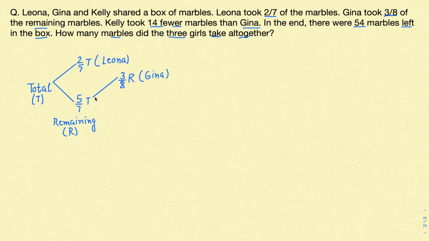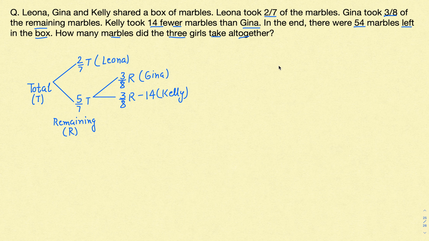So Kelly has taken 3/8 of the remainder minus 14, because she has taken 14 less than Gina, and Gina has taken 3/8 of the remainder. That's taken by Kelly.